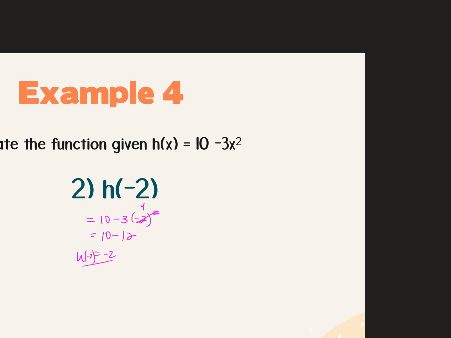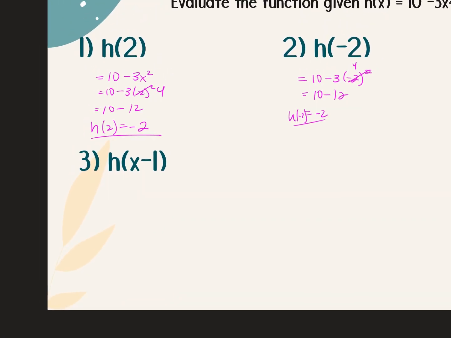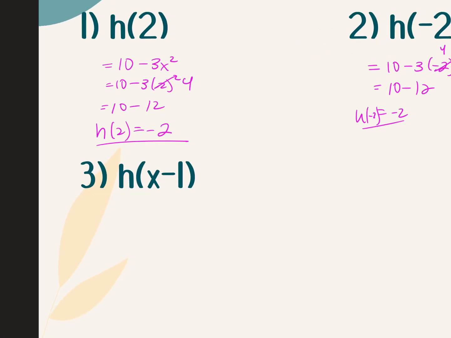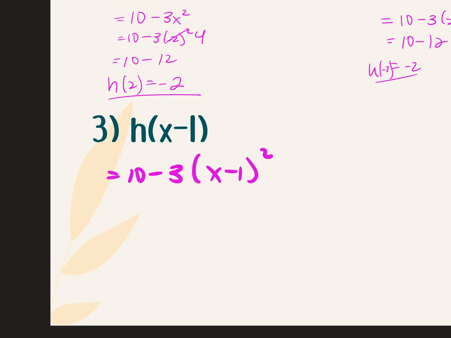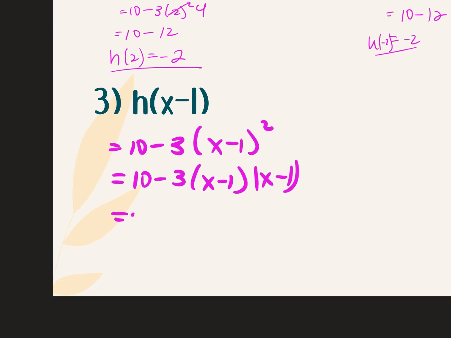All right, one more time. I'm plugging in now, instead of x, what am I plugging in? x minus 1. So it's 10 minus 3, and then I have (x minus 1) squared. What do I do first? So 10 minus 3, and then I have (x minus 1) times (x minus 1). So I have 10 minus 3 times (x squared minus 2x plus 1).